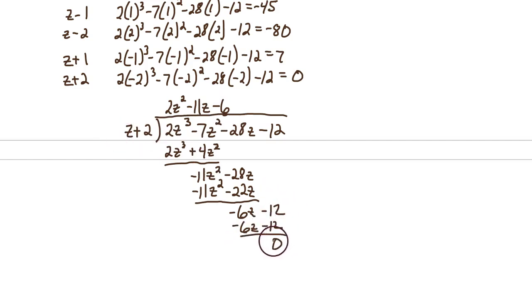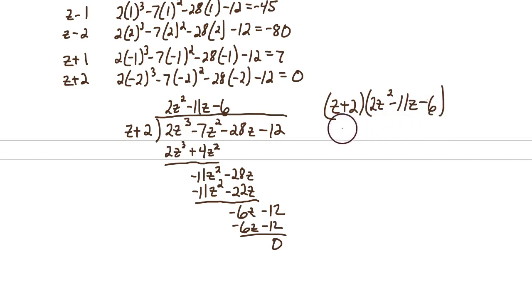And when you subtract, you get 0, which we knew we had to get because we had already verified that z plus 2 was a factor. So what we've discovered is that it factors into z plus 2 times 2z squared minus 11z minus 6.